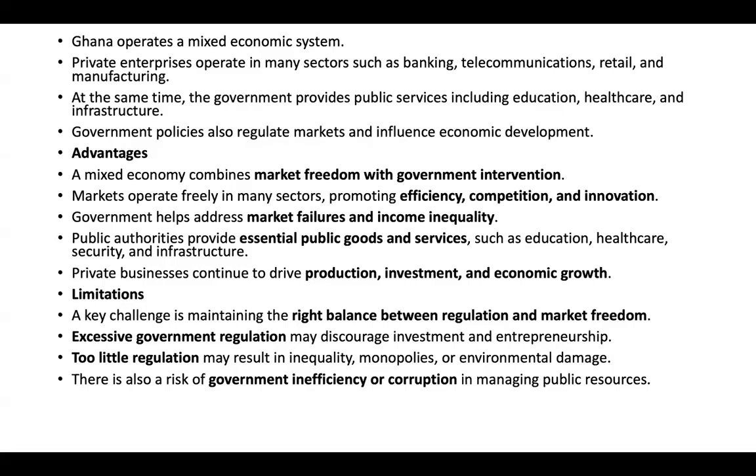Each firm wants to come up with an innovative product. Then the government also helps to address market failure and income inequality. In the mixed economy, the public authority provides essential public goods and services such as education, healthcare, security, and infrastructure, while the private businesses continue to drive production, investment, and economic growth.